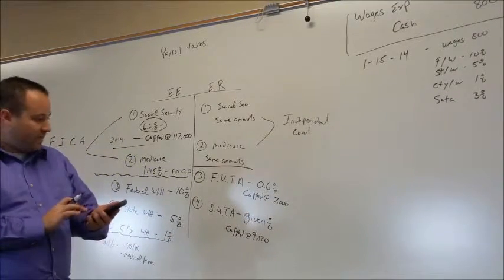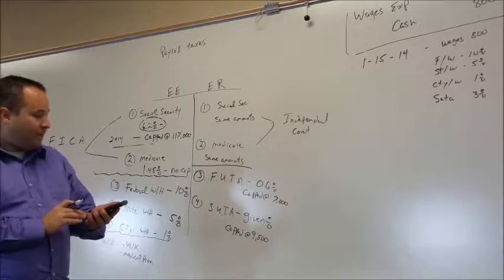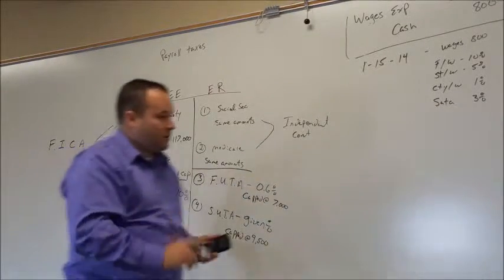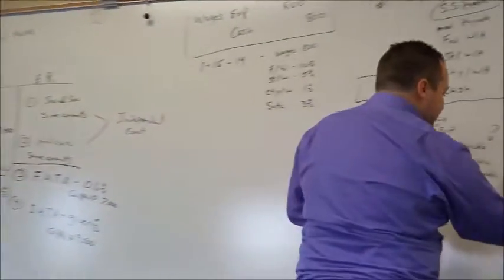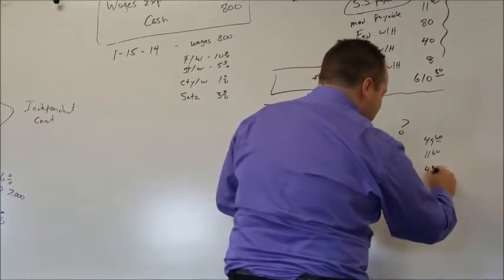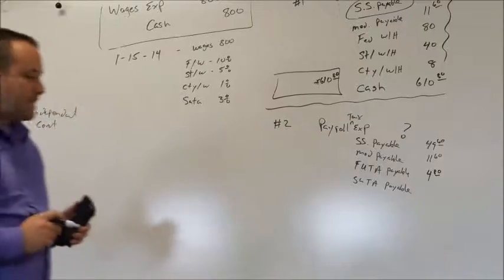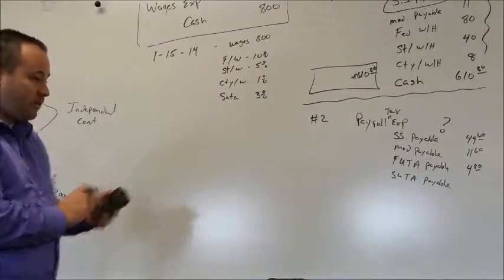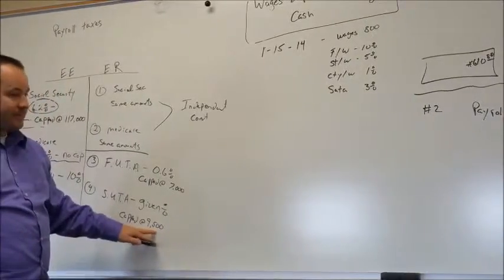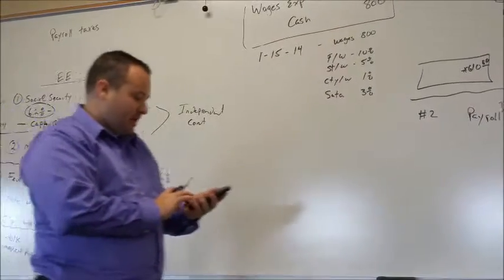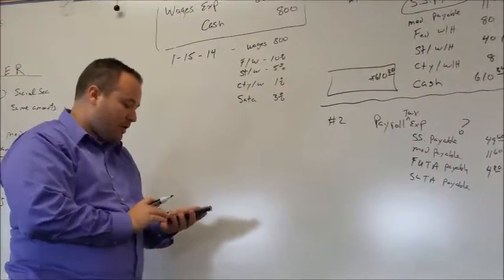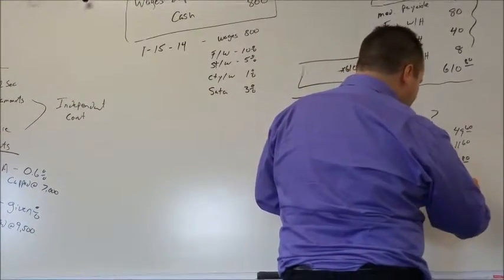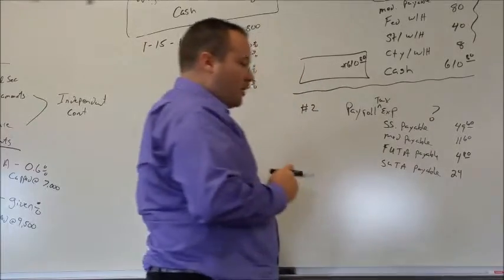So all 800 will be taxed at 0.006 as a decimal, which is $4.80. And then I tell you what the SUTA rate is. Again, we haven't hit the cap. Cap's 9,500. 800 times 0.03 is $24.